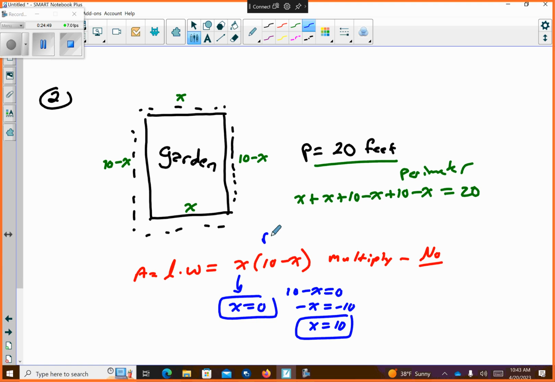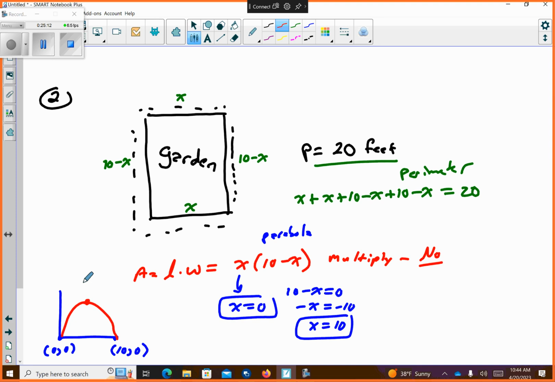So this, if I had graphed it, is a parabola, which means right now, my parabola kind of fits from 0, 0 to 10, 0. And basically, because if I multiply x times negative x, I get an upside down parabola.